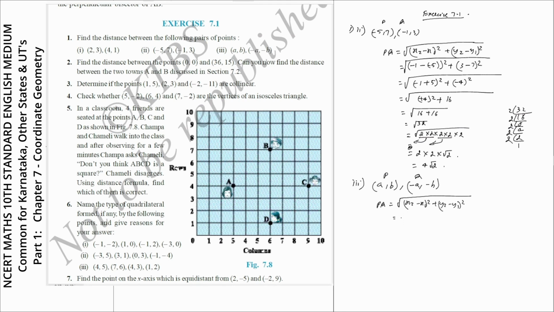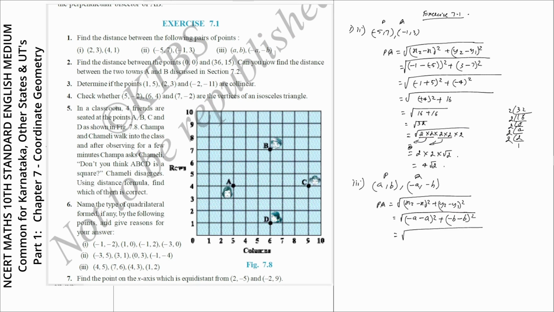So this is equal to, now point Q is x2, y2, therefore minus a. So x1 is a, so minus a minus of a the whole square plus y2 is minus b, minus of y1 is plus b, so y2 minus y1 is minus b minus b the whole square I'll get.